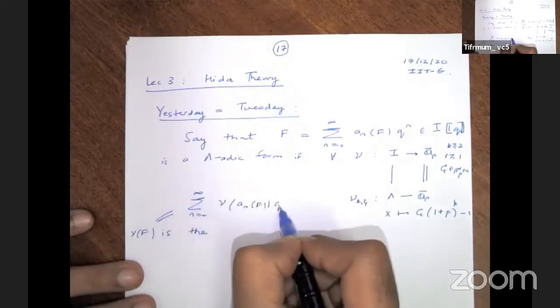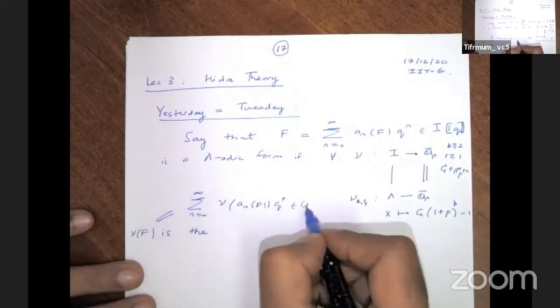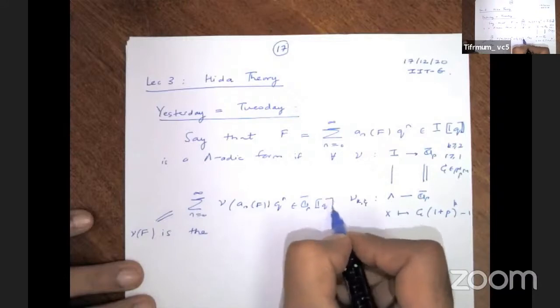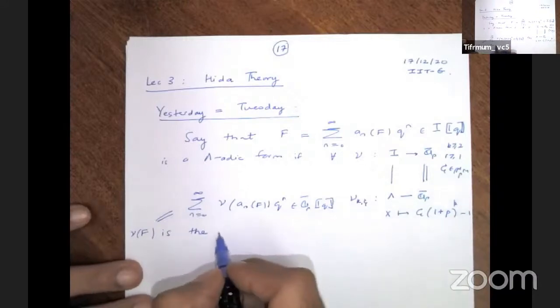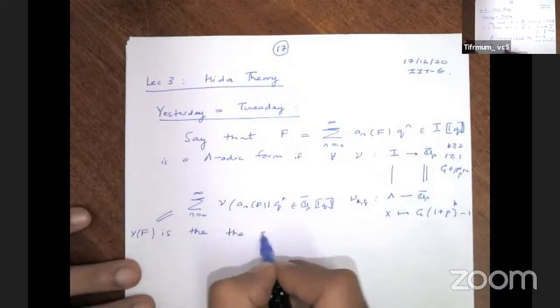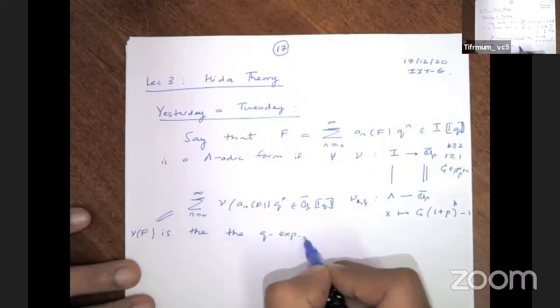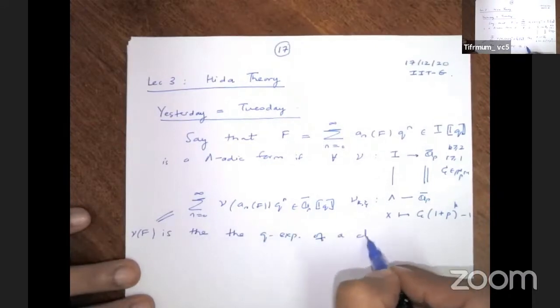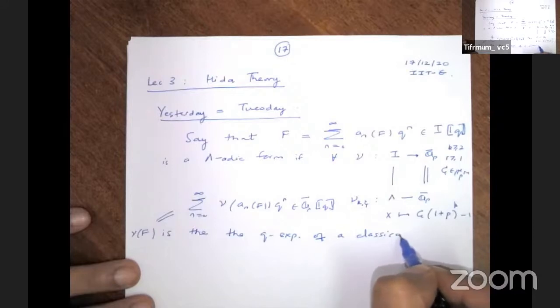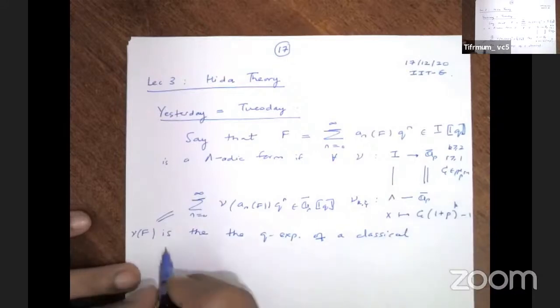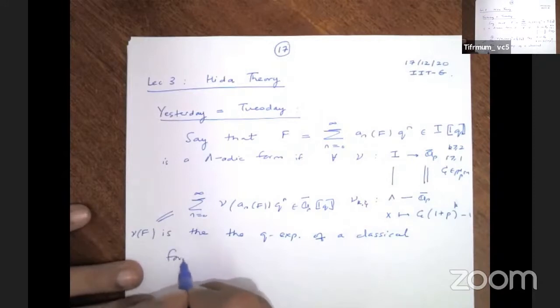So you actually get something in Q_p bar power series q, which is the q-expansion of a classical cusp form or modular form of level N p^r.